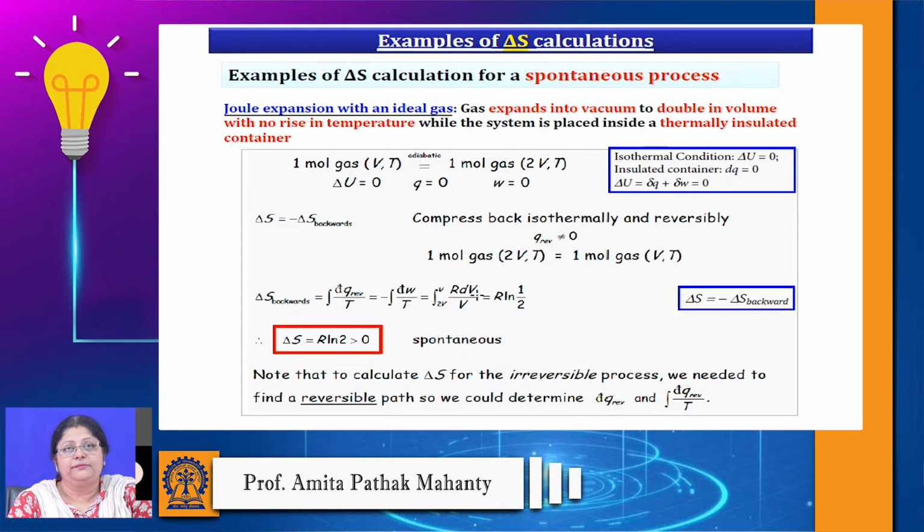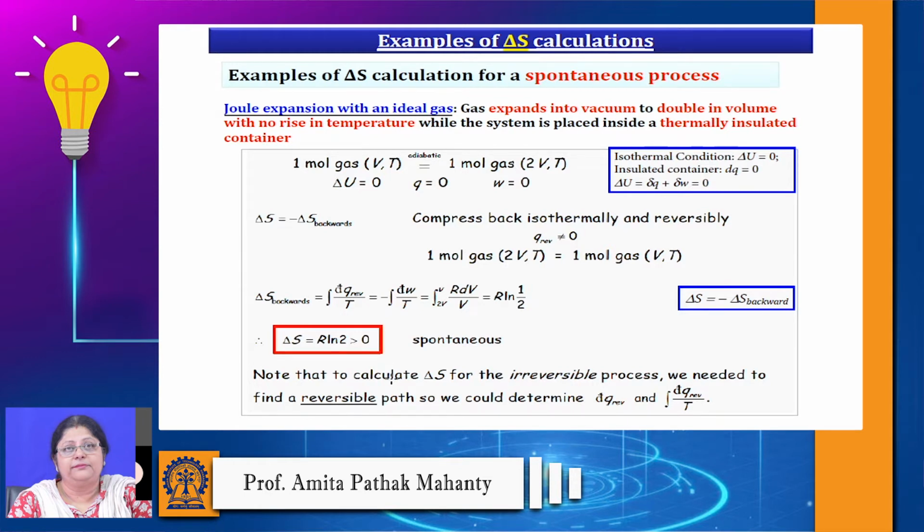But what we have carried out, I'm trying to find out the entropy change for the expansion. But what we have carried out is a compression process. So whatever I get as the entropy for the system, it should be minus the one in the back direction which we have taken. So if I take it in the reverse with a minus sign, then it becomes R ln 2, which is greater than or equal to 0.